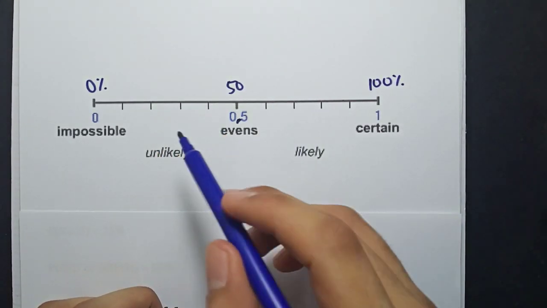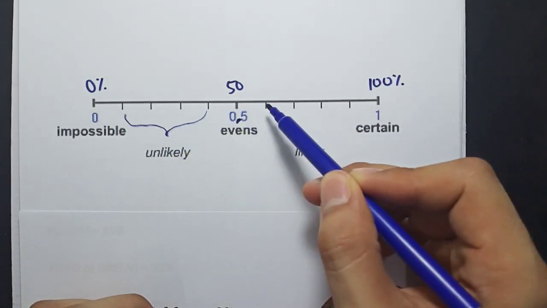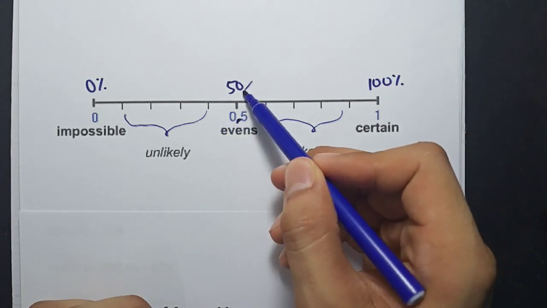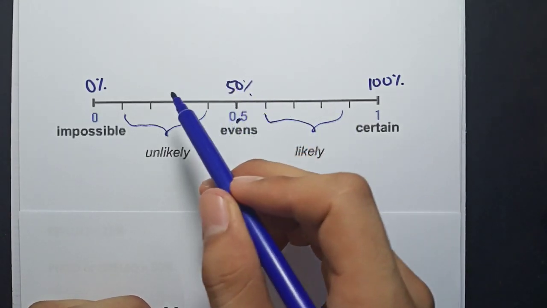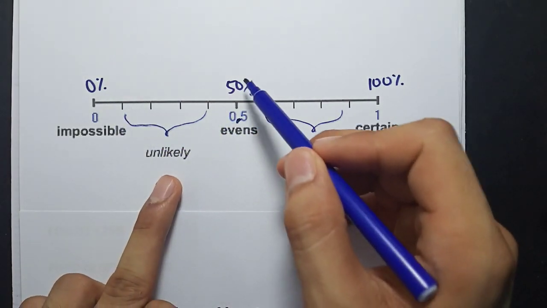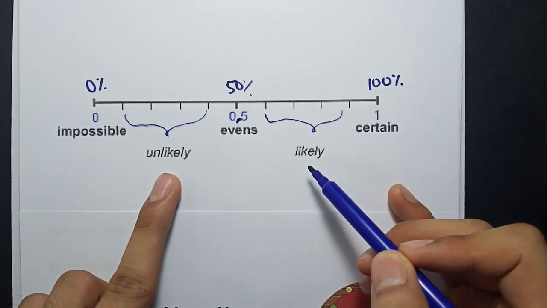And in between of these three, we have the unlikely and the likely. If our chance of winning is less than 50 but not equal to 0, it falls on unlikely. If greater than 50 but not equal to 100, that is likely.